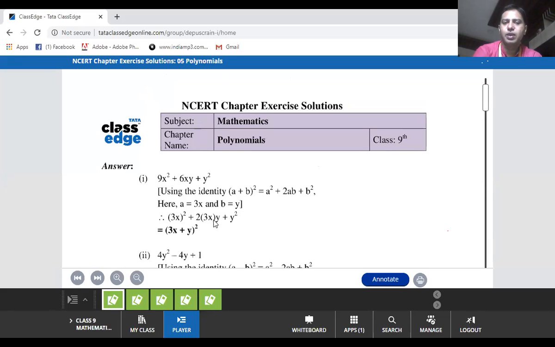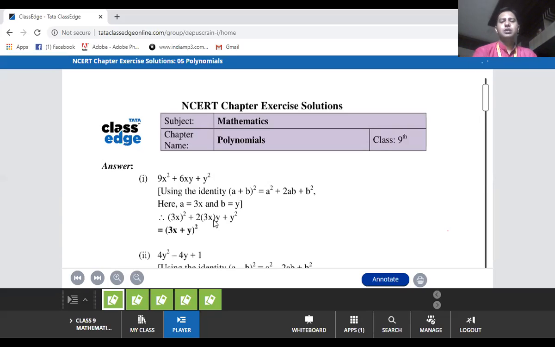So it will be 3x plus y whole square. So we have the identity a square plus 2ab plus b square is nothing but a plus b whole square.